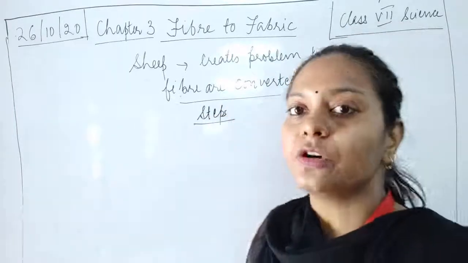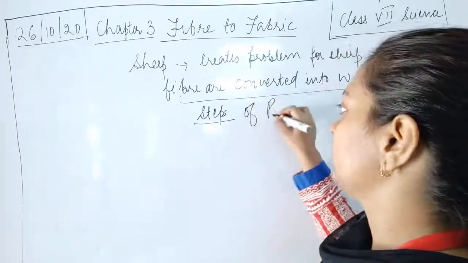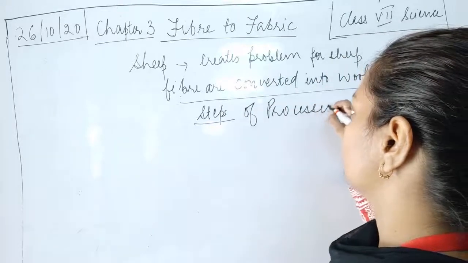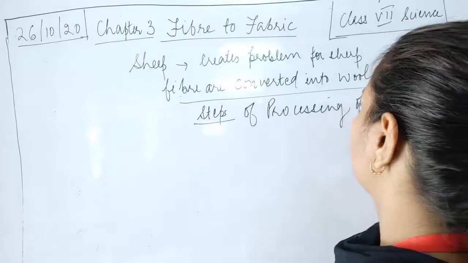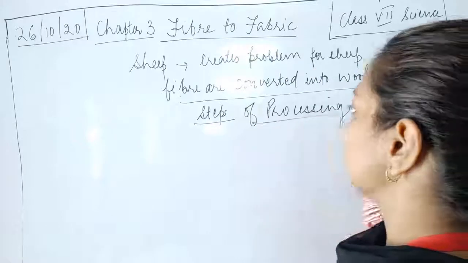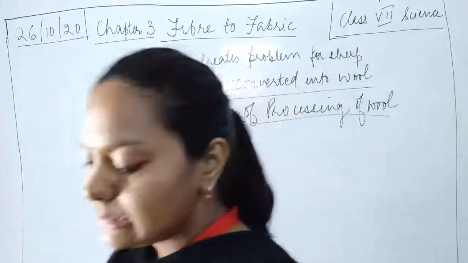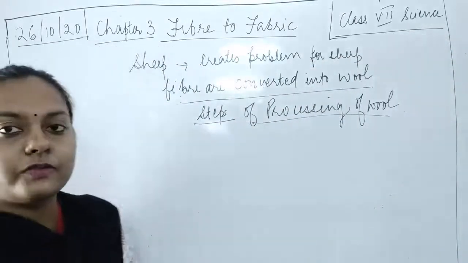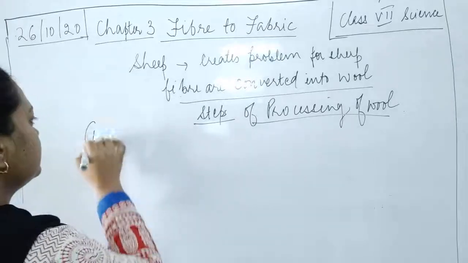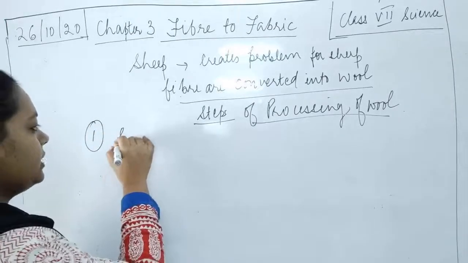Now, what are the steps of processing of wool, children? The steps of processing of wool consist of the first step, that is shearing.